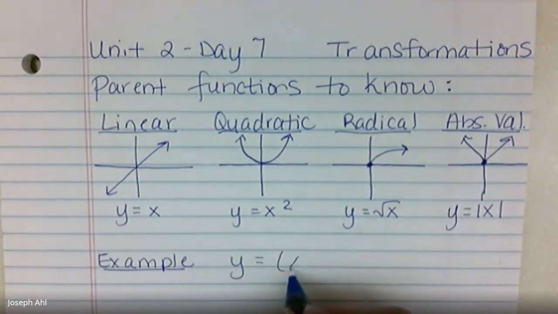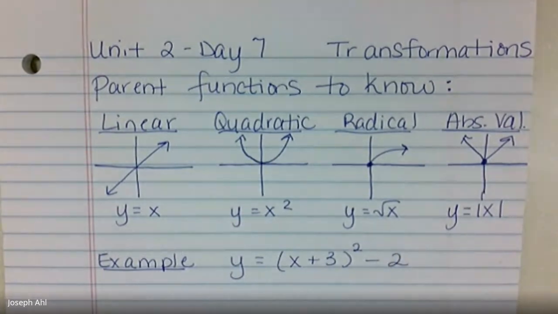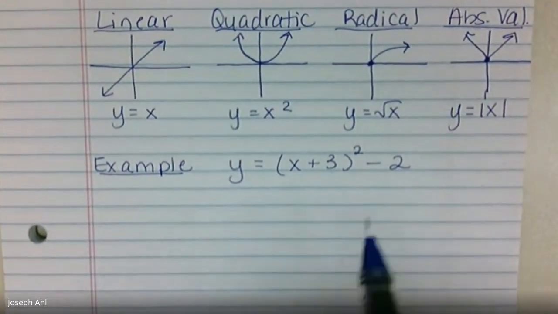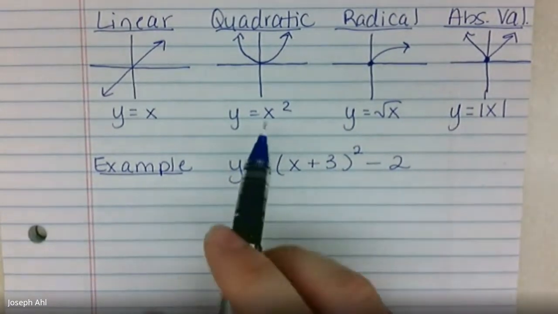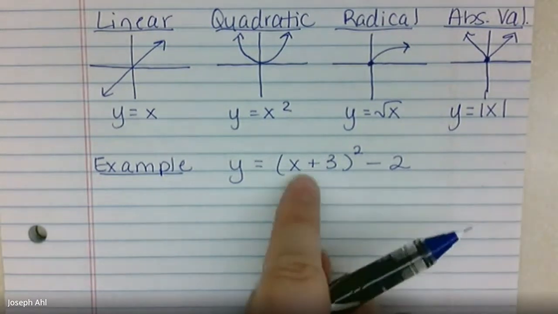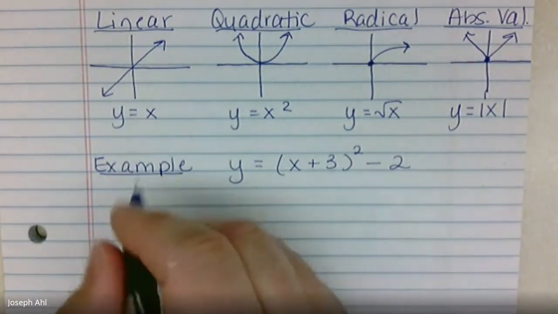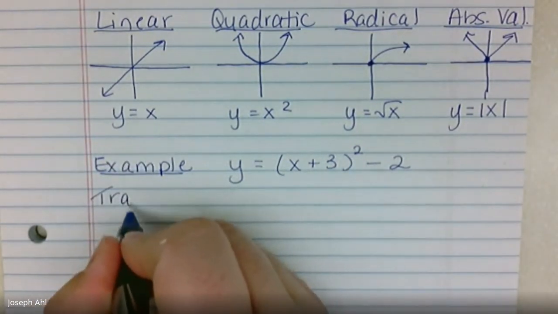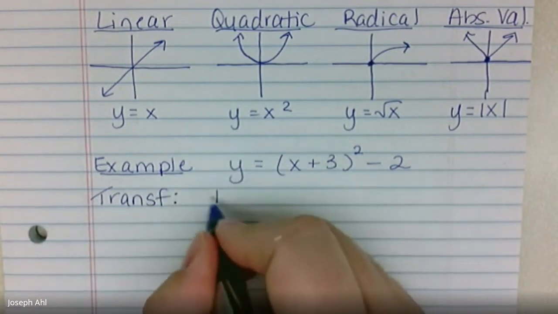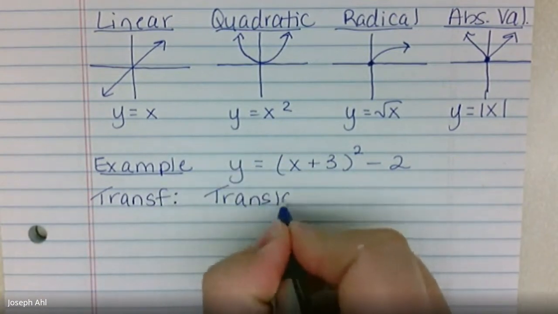For example, if I gave you something that we wanted to sketch like y equals (x plus 3) squared minus 2. What I'd want to recognize when I graph this is that it's a transformation of the quadratic parent x squared, right? We have a quantity that's being squared. And what transformations are occurring? The transformations would include translating, which is just a shift.